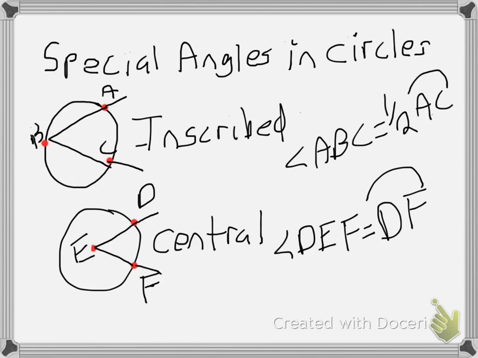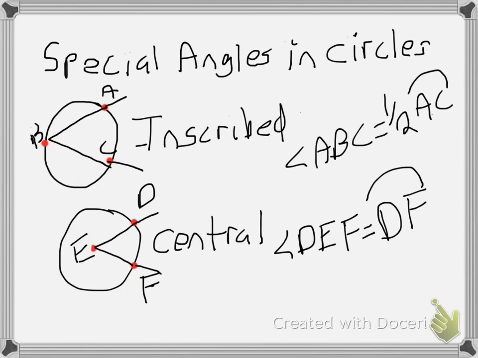Now please look at your notes for arcs and see what we are talking about when I say an arc. It's basically the part of the circle that is between A and C and makes up the endpoints of the circle. That is a minor arc.